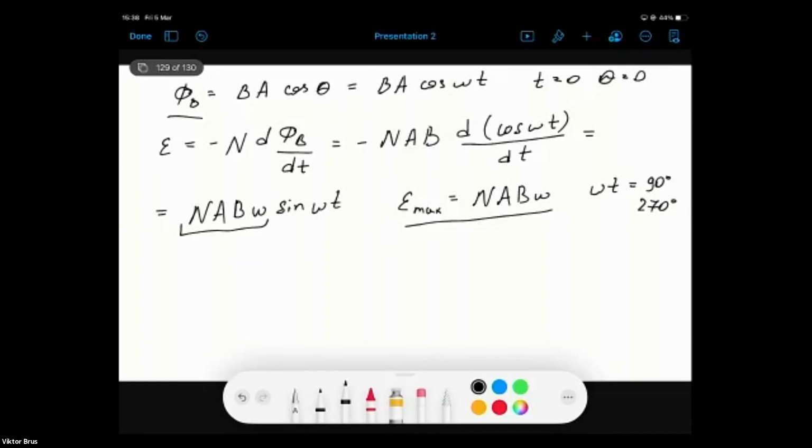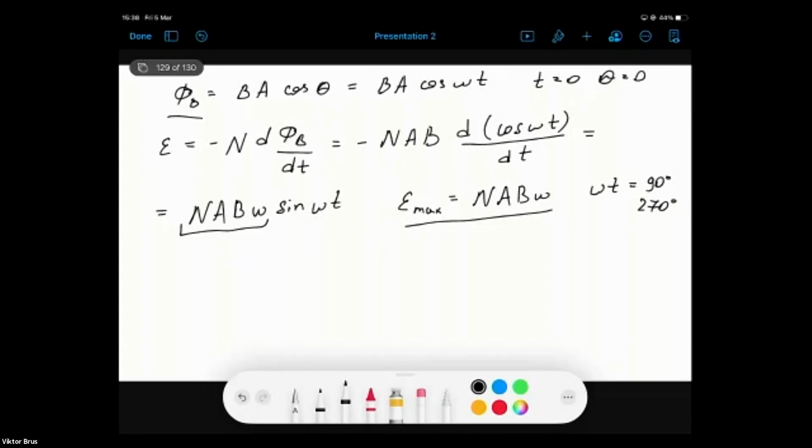So as I mentioned, the industrial frequency most commonly accepted in the world is either 50 hertz or 60 hertz. So this is all about alternating current generators.